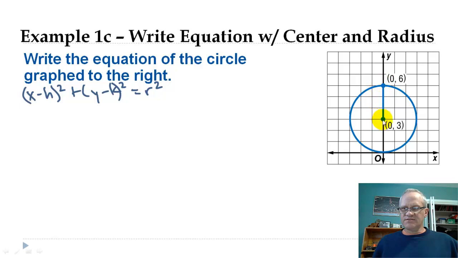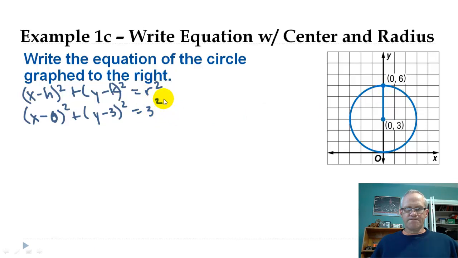When we plug in the center, that's going to be your h and k. So x minus h, h is 0. Oh, that's interesting. That's a 0 there. And then y minus 3 is the y, so y minus 3. And then of course, in this case, if you count from here, it just goes up 1, 2, 3. And so our radius is 3, 3 squared.